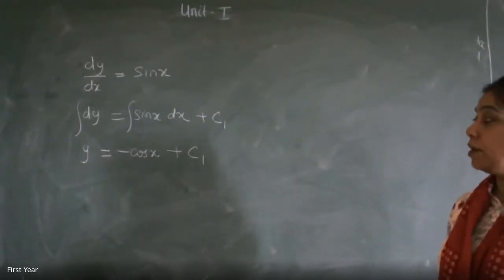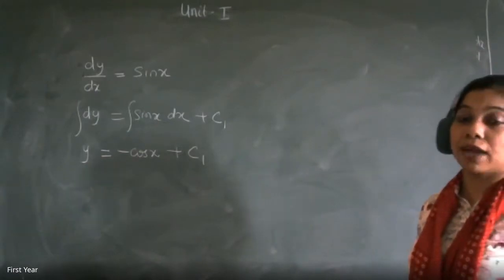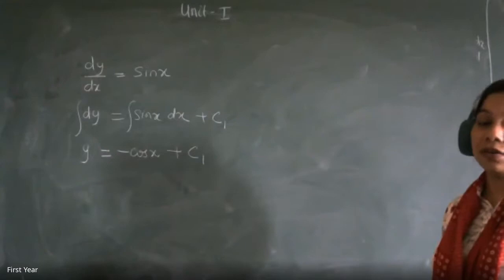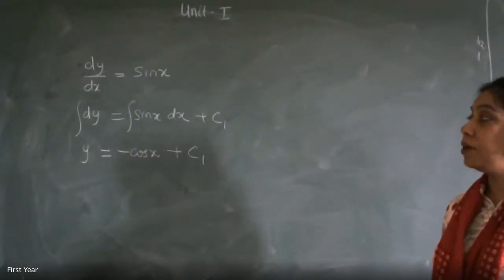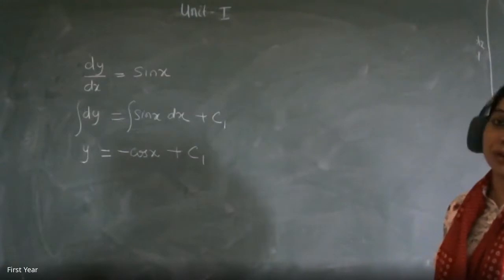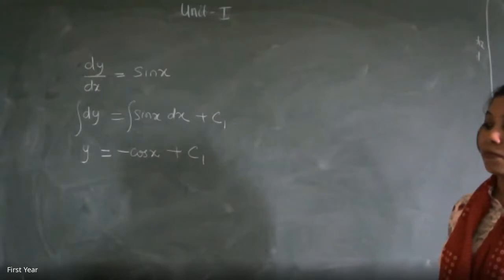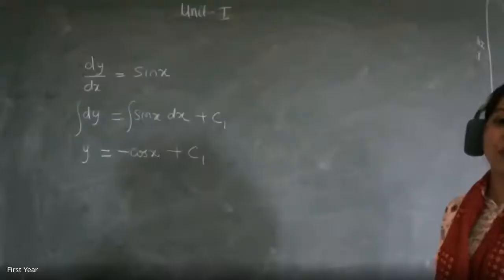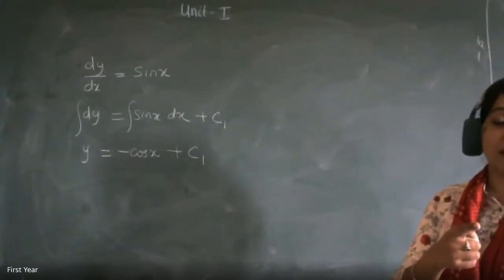If C1 takes a particular value or constant, then it is called a particular solution of the differential equation. Can it be in terms of x, C1? No, then your answer won't satisfy, because it should satisfy.